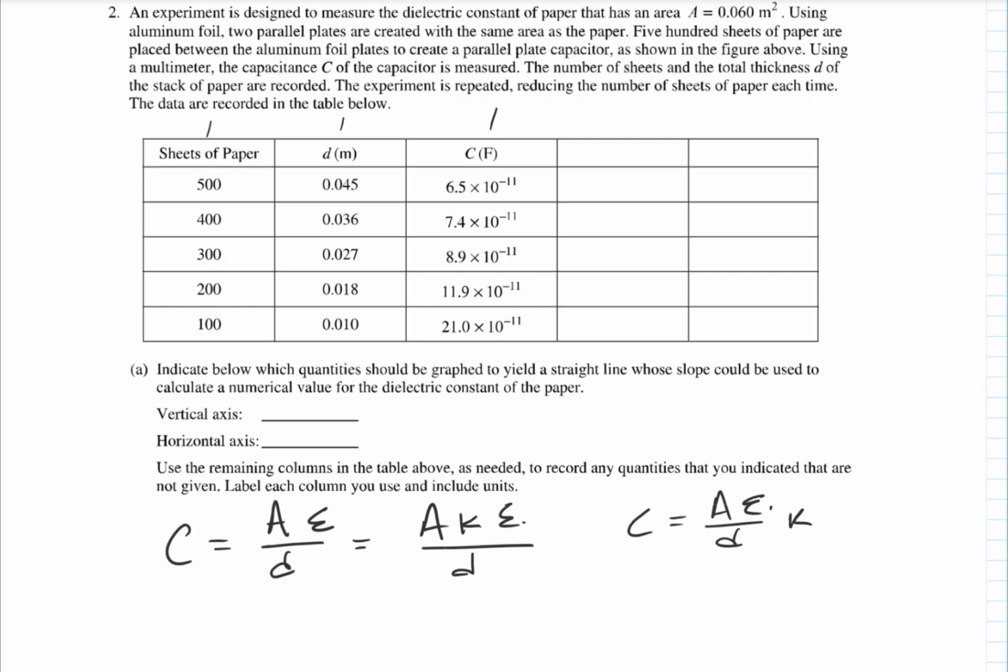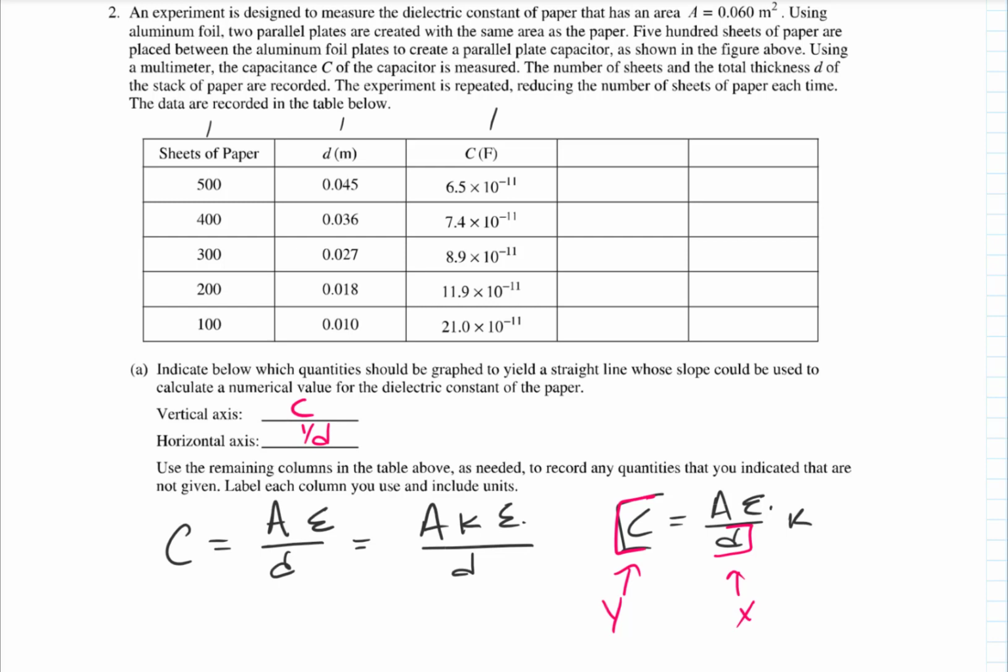Since we have the capacitance and the distance separating the plates, our graph is going to be capacitance as the y value and 1 over D as the x value. So on my vertical axis, I'm going to put the capacitance, and on my horizontal axis, I'm going to put 1 over the thickness.